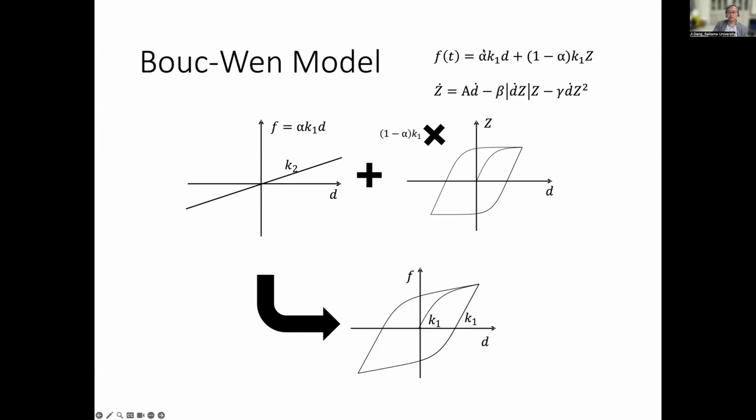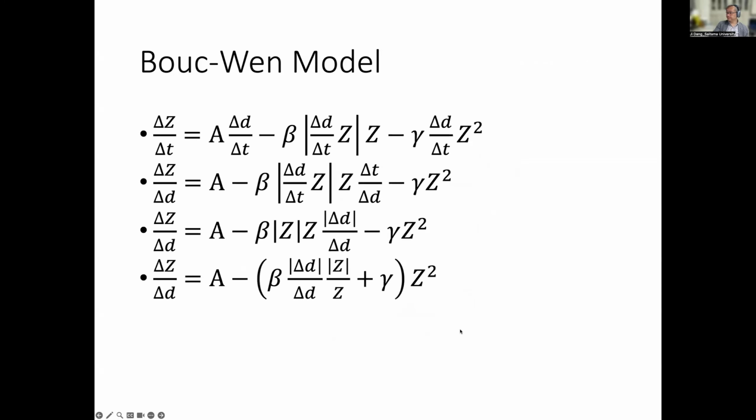So you can see this part is linear, this part is nonlinear, and we just calculate z every time, then stack them together, it becomes bilinear model, but with curved bilinear model.